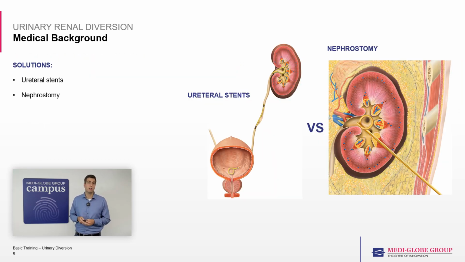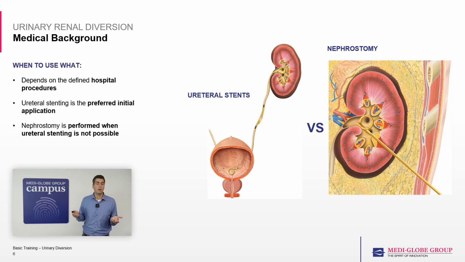Let's talk about our solutions for the discussed field of urinary renal diversion, which is on the one hand side our ureteral stents, which you can see on the left hand side, and on the other hand side the so-called nephrostomy catheters, which are displayed in the right hand side picture.